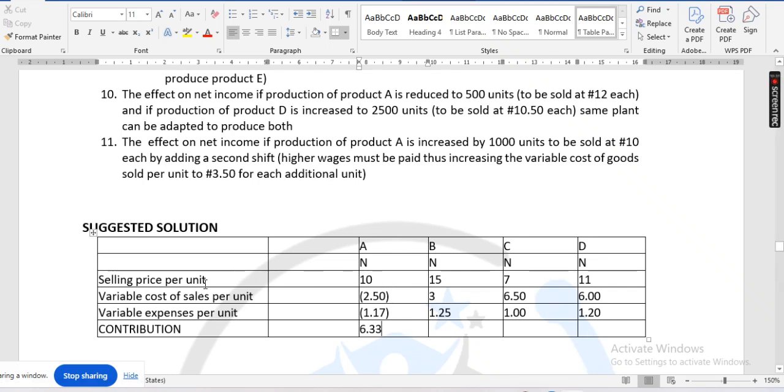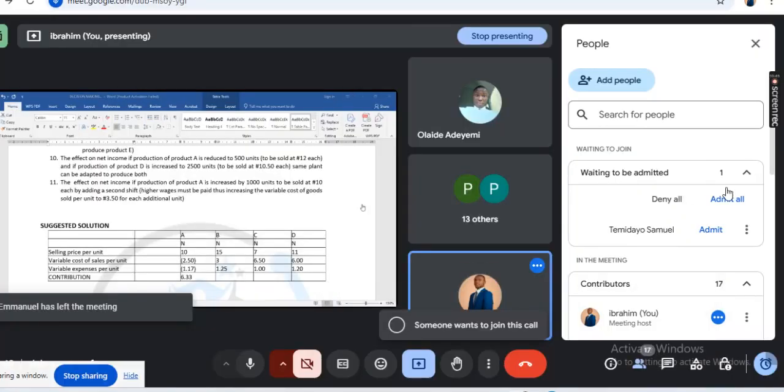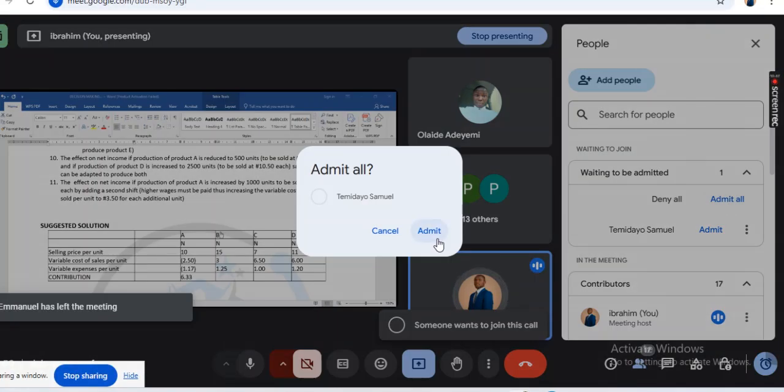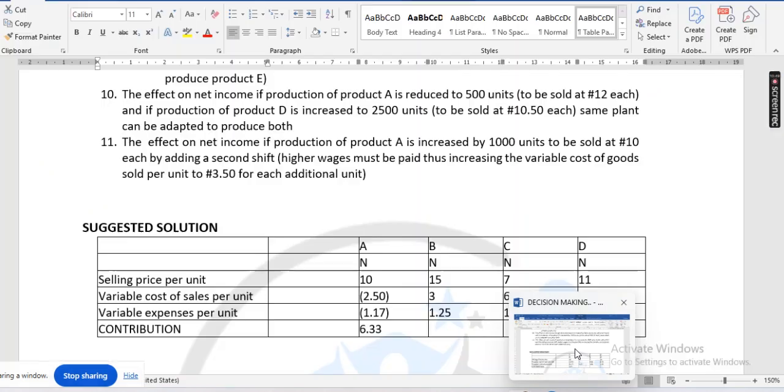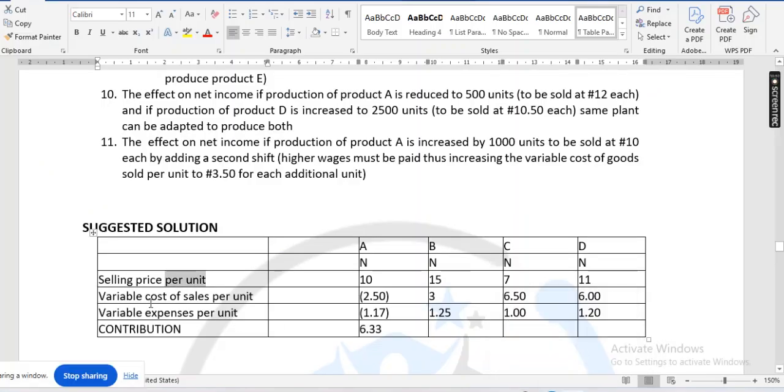This is the selling price per unit, which goes with the unit sold or the unit produced. Don't forget, we've done all these things in our previous lecture. When you have variable cost of sales per unit, you multiply it by the unit, and this is the unit cost, 6 naira 33 kobo per unit.